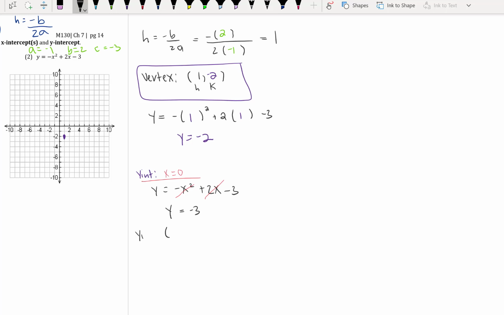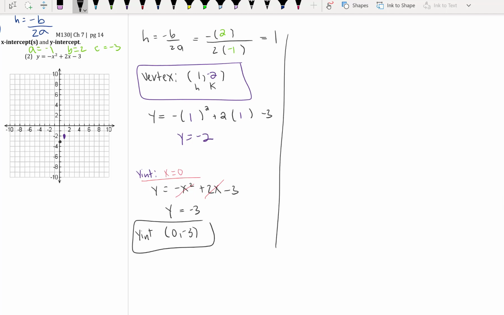So then your y-intercept is (0, -3). So the next thing you really want to find is your x-intercept. That's when you're going to let your y value equal 0. So you have 0 equal to negative x squared plus 2x minus 3.